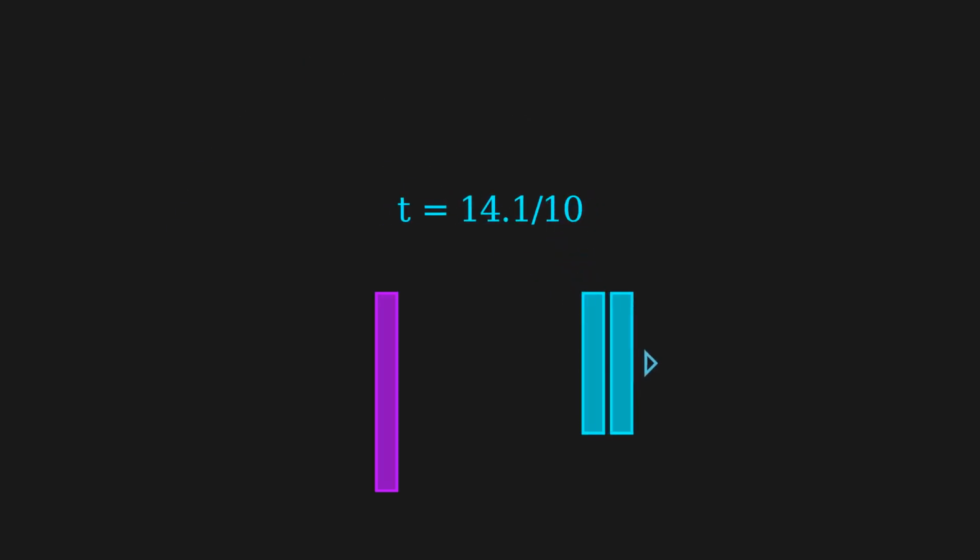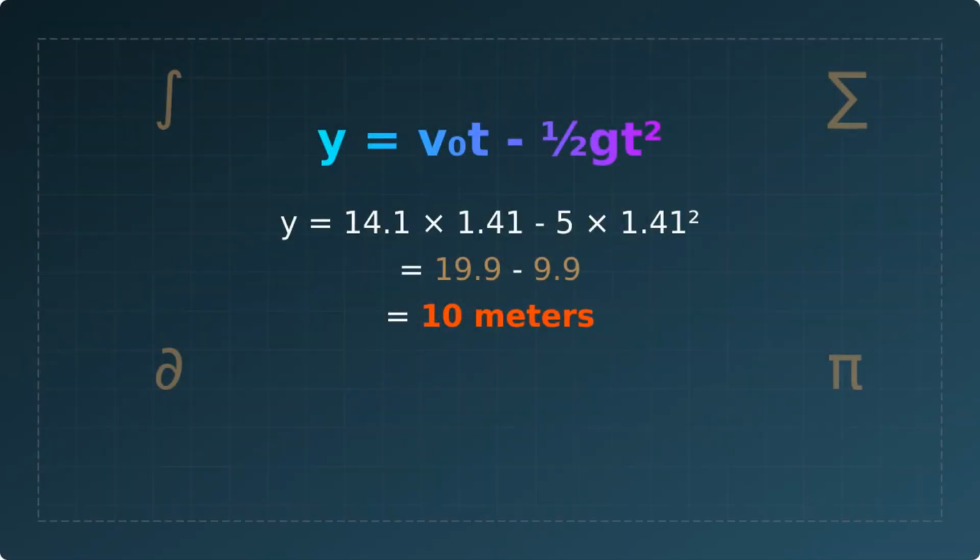Plug back into y equals v naught y t minus 1/2 g t squared. Y equals 14.1 times 1.41 minus 5 times 1.41 squared, which is 19.9 minus 9.9 equals 10 meters. So the ball soars 10 meters high.